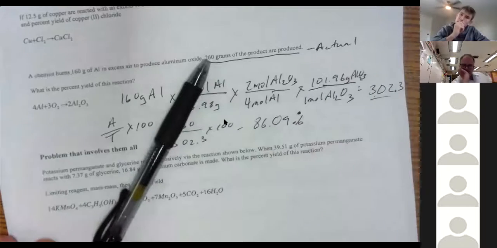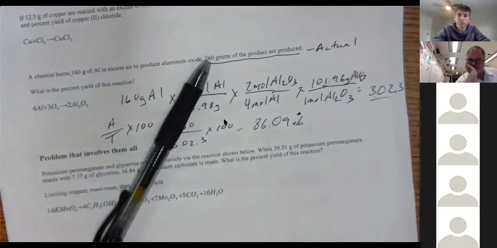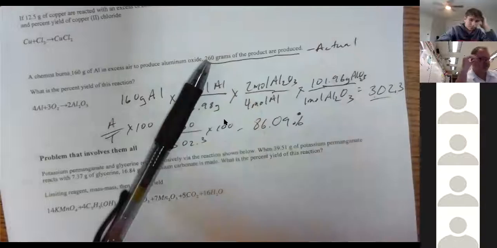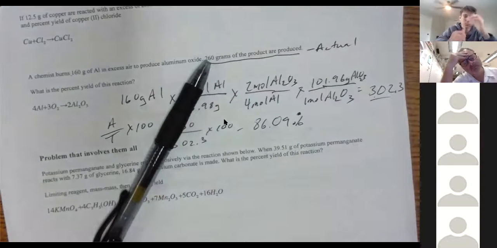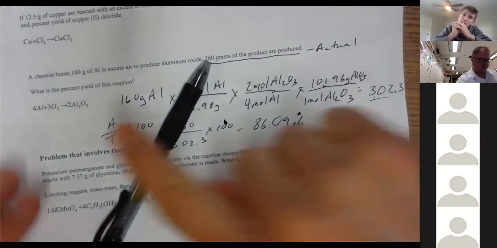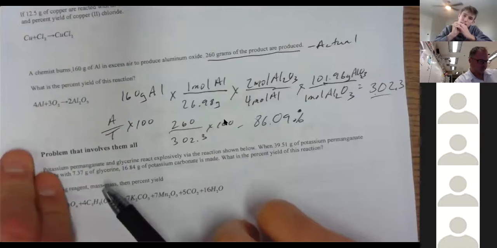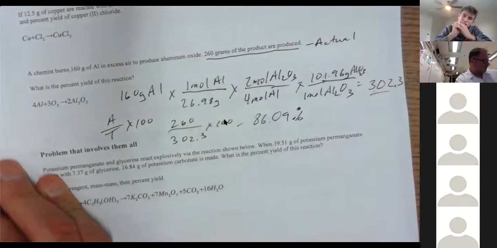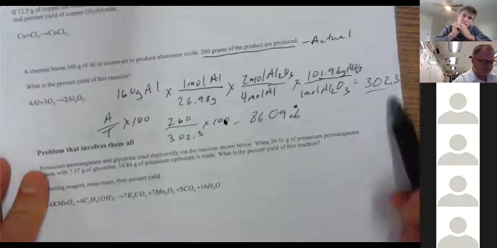Questions there? Anybody want to see any others? Yeah, go ahead. Why didn't you do 302.3 and you rounded it to 302? I could have.